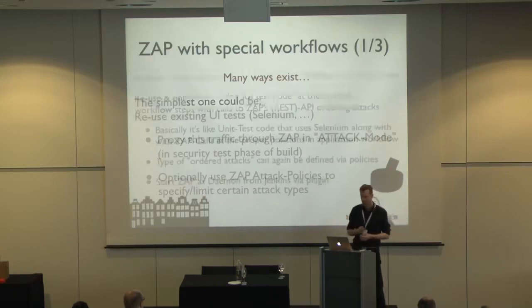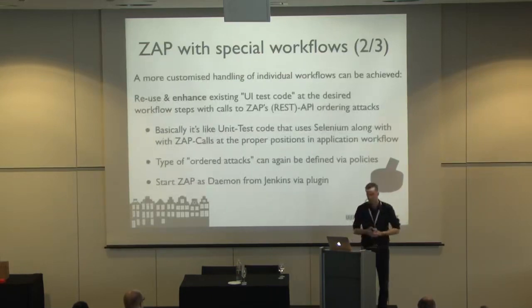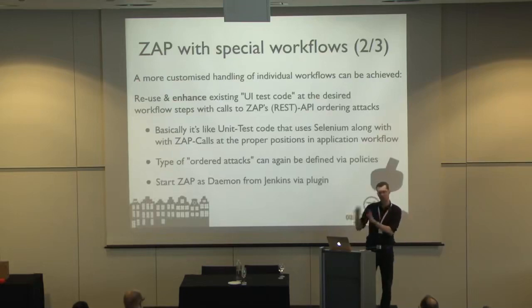Okay, that's easy. A more individual, a more customized version of it is to use an existing Selenium UI test and enhance that by calling ZAP's REST API at proper steps to start the attack there, at proper steps within the workflow that the Selenium UI test executes.